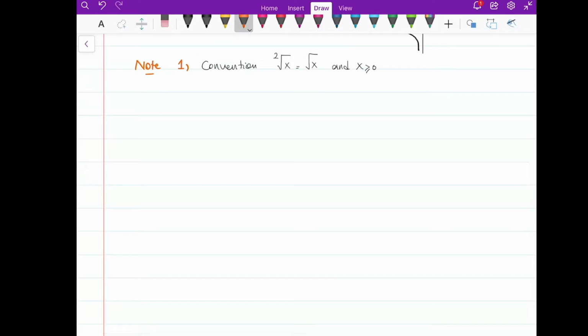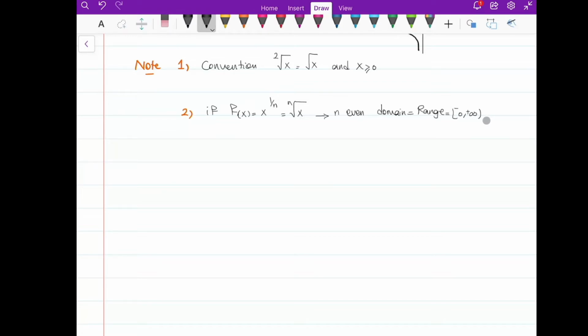And the second note is this one. If f of x is equal to x to the power of 1 over n, which is the nth root of x, if n is even, then the domain and range of the function is the interval from 0 to positive infinity, basically all the non-negative numbers.